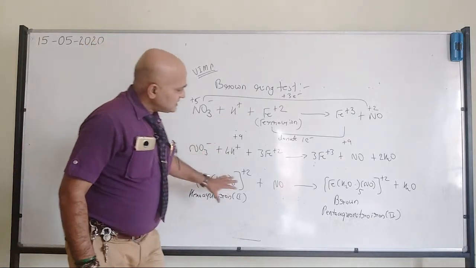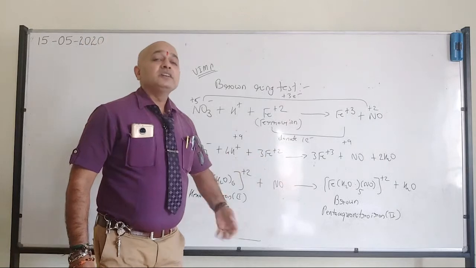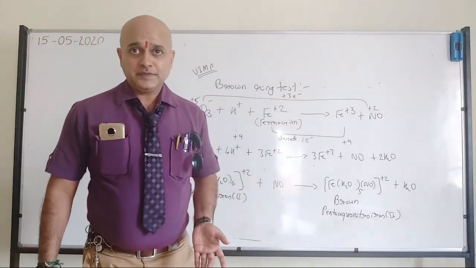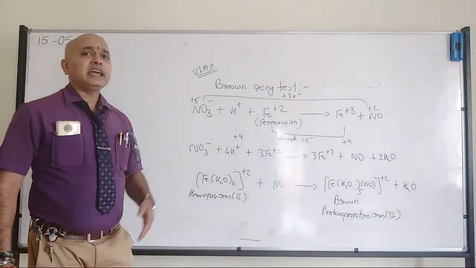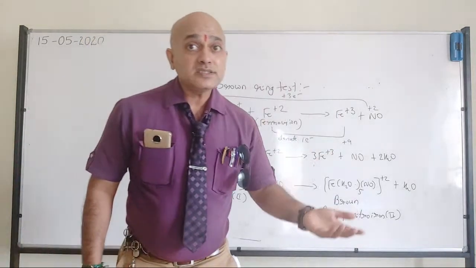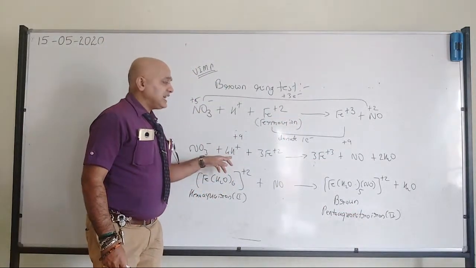Now where is sulfuric acid actually? Nowhere it is there, right? So in reality, sulfuric acid is not involved in the reaction, because HNO3 can provide the acidic condition if you are using HNO3. If you are using any other salt, then sulfuric acid is the one which will provide the acidic environment.